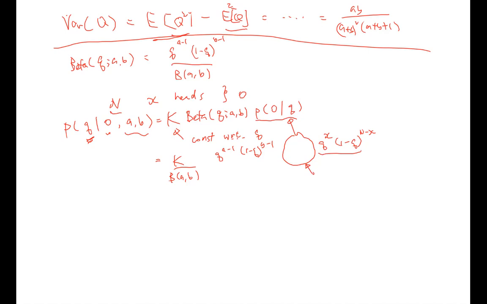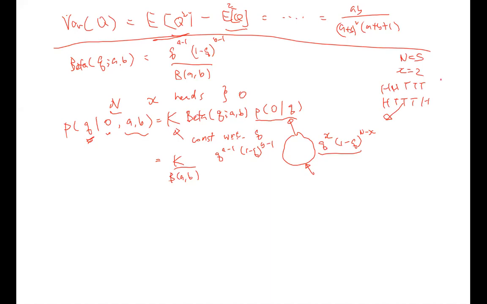I can get x heads out of n tosses. For example, n equal to 5 and x equal to 2, I can have head, head, tail, tail, tail, or head, tail, tail, tail, head, and so on. Each of these will have probability q^x (1-q)^(n-x).